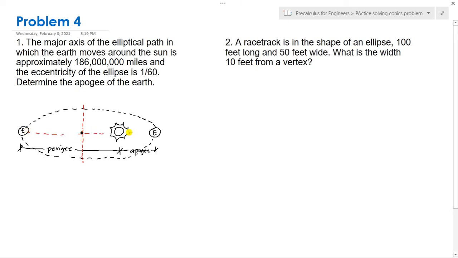The sun is considered as the focus. Of course we assume a virtual focus here which mirrors the sun, another focus. So we generated an ellipse with the apogee and perigee.